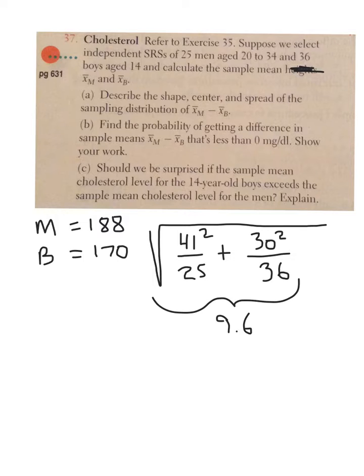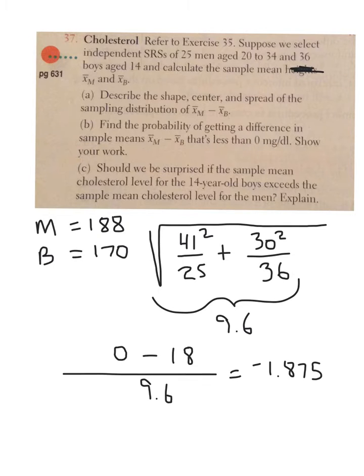9.6. What do we do with that? Well, what is our expected difference? Again, our expected difference is going to be 18. That's for the average. But we're saying, what is the probability that it is less than 0? And we have this new standard deviation, 9.6. It's the only difference there. So let's do the math.